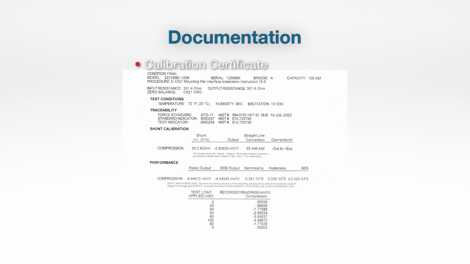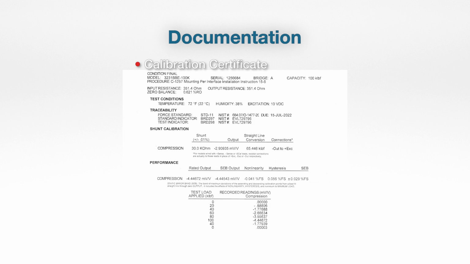Below that, we've got shunt calibration, and then performance summary, and the actual data for the calibration. Now, on the performance summary, we have both our rated output as well as SEB output, nonlinearity, hysteresis, and the SEB. So these are the parameters that we're holding the units to make sure they meet spec per the data sheet.